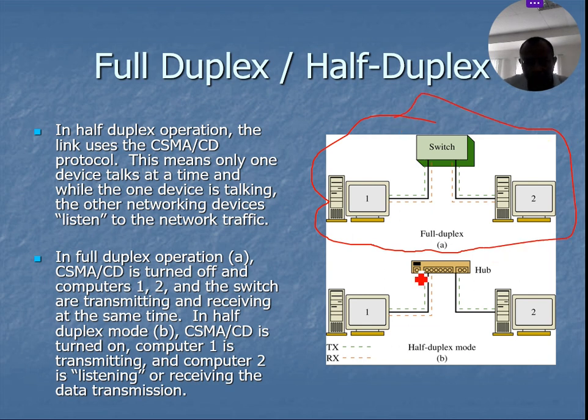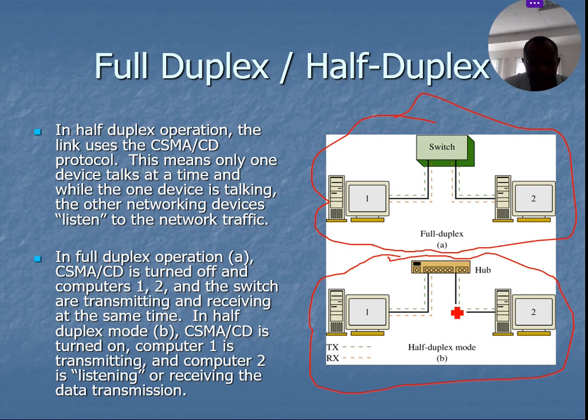The first one is A, and the second one, B, is called half duplex. In A, which is full duplex, you see we're using modern computers with a switch.